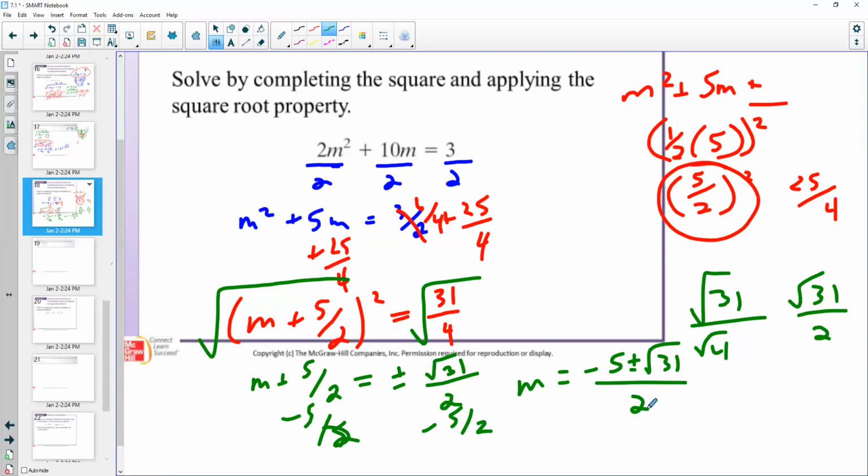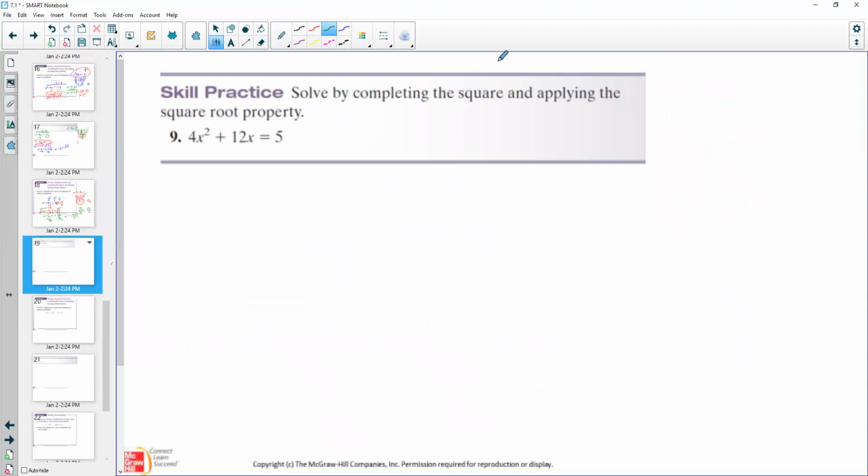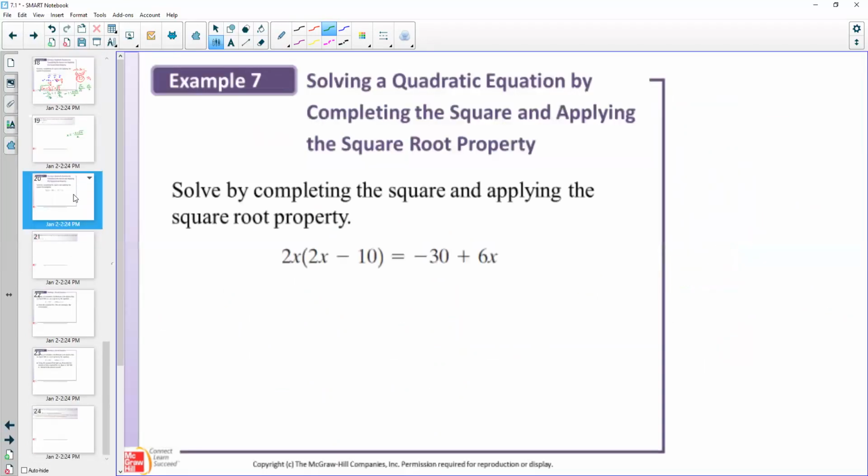That's all it is. Okay? I want you to try this one. Everything gets divided through by 4. I think that you can do it. Works just like the last one. The answer to this one should be x equals negative 3 plus or minus the square root of 14 over 2. Okay? Let's try another.